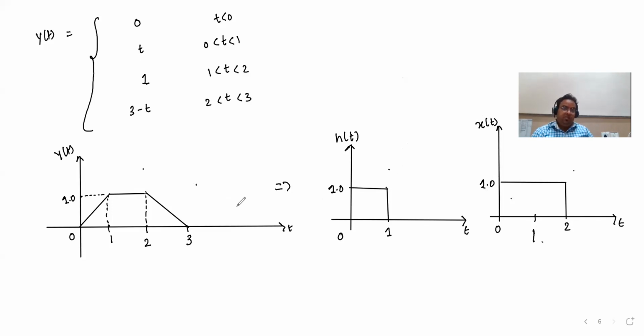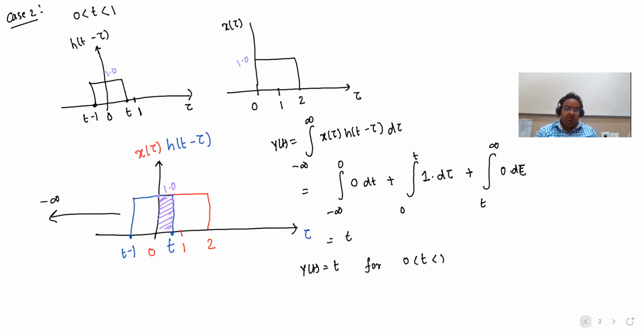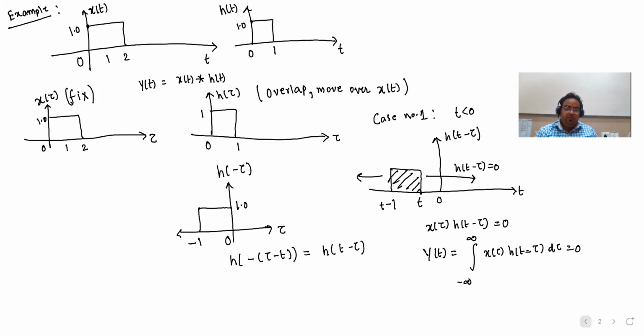What we saw here is how we were moving h of p. If you look only at this function, you will see h of p was first here, then it was moving to the right side, from the extreme negative side to the right.